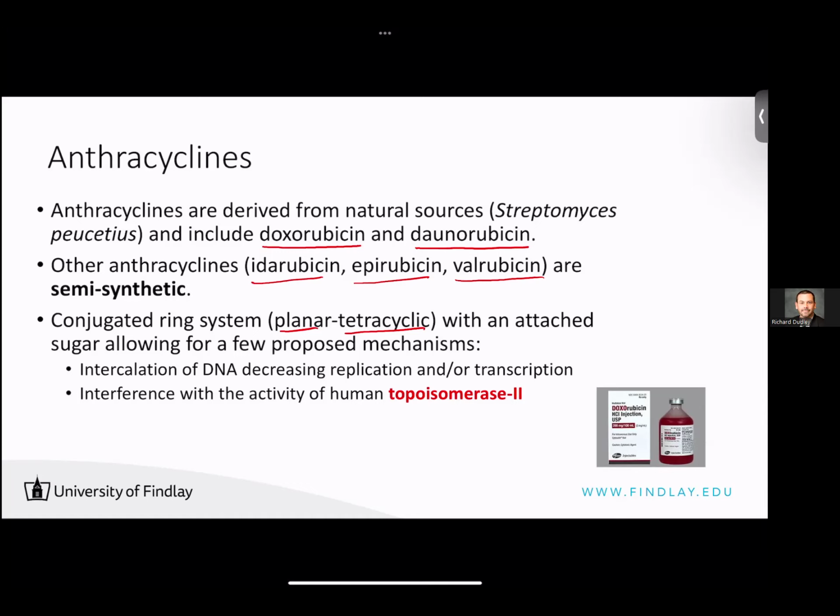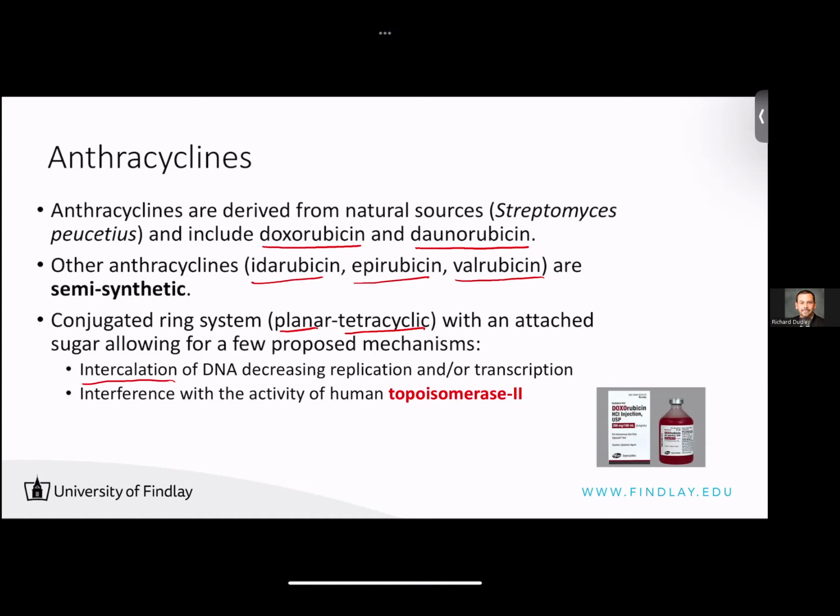The first thing it can do by virtue of the planarity or the flatness of the ring system is an intercalation event. So remember, intercalation describes the ability of something to slip in between two opposing objects. The opposing objects in this scenario are going to be DNA bases, which they themselves are planar, i.e. flat, and the doxorubicin or daunorubicin planarity allows the drug to slip in between bases of DNA.